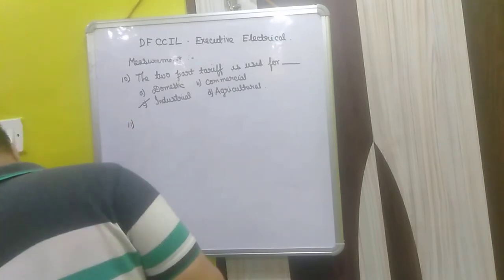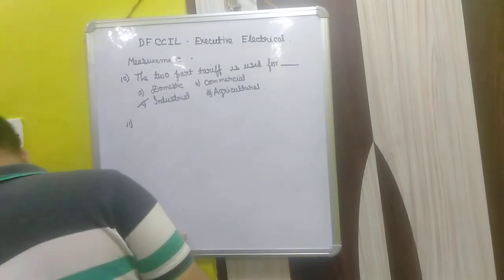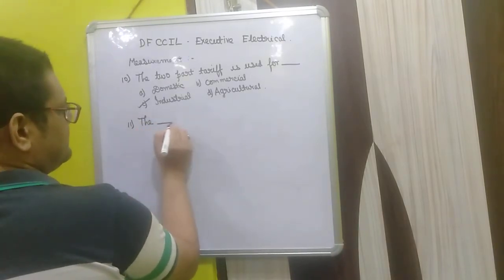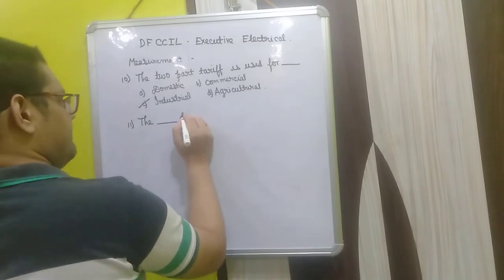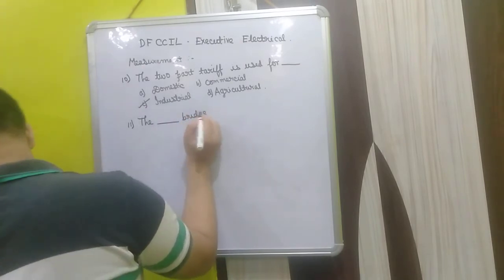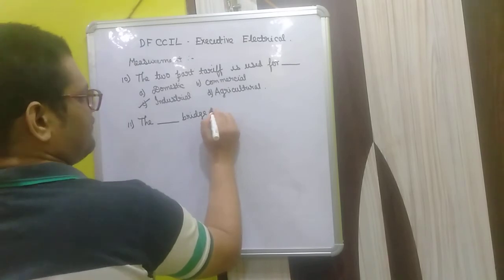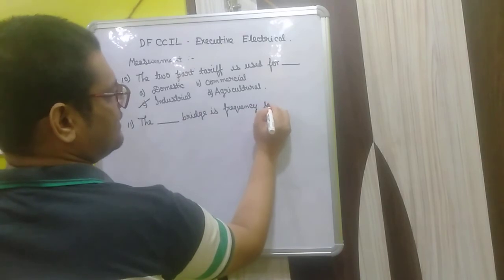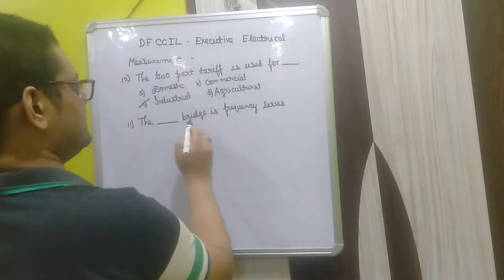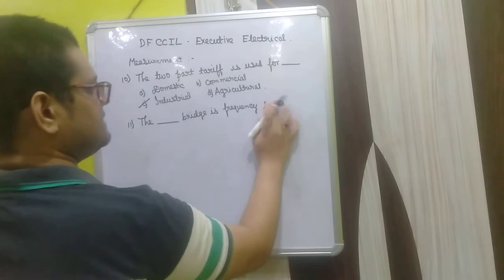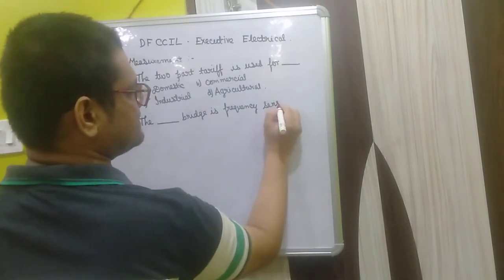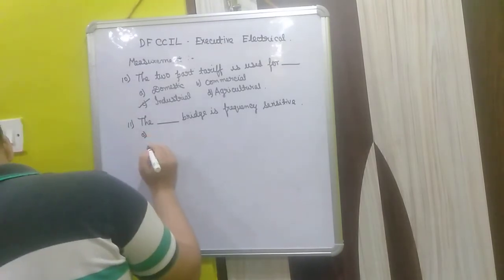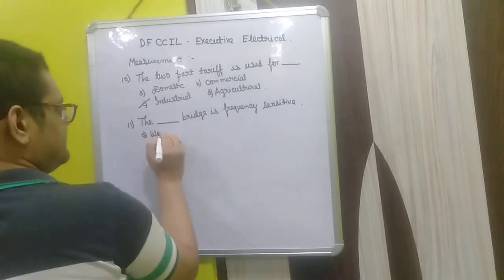Now I proceed to question number 11. The blank given is: bridge is frequency sensitive. So we have to choose the answer, the bridge which is frequency sensitive. Here the four options are given. Number A is Wien Bridge.